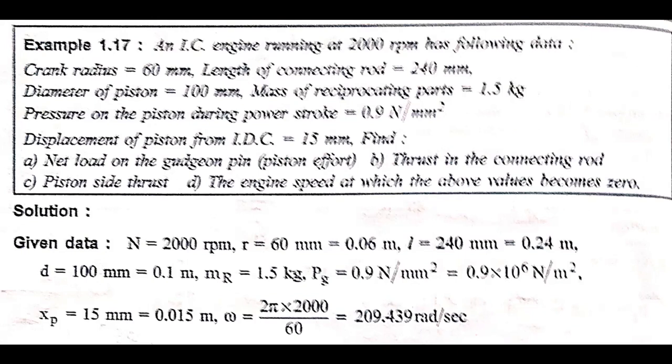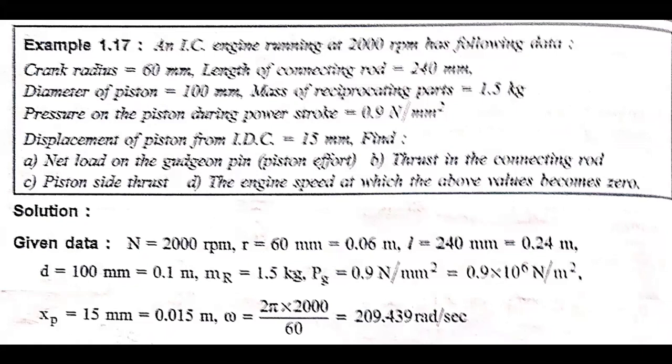Mr is equal to 1.5 kg. Pg is equal to 0.9 Newton per mm square, which converted into meter square is 0.9 into 10 raised to the power 6 Newton per meter square. Then xp is equal to 15 mm, that means 0.015 meter.